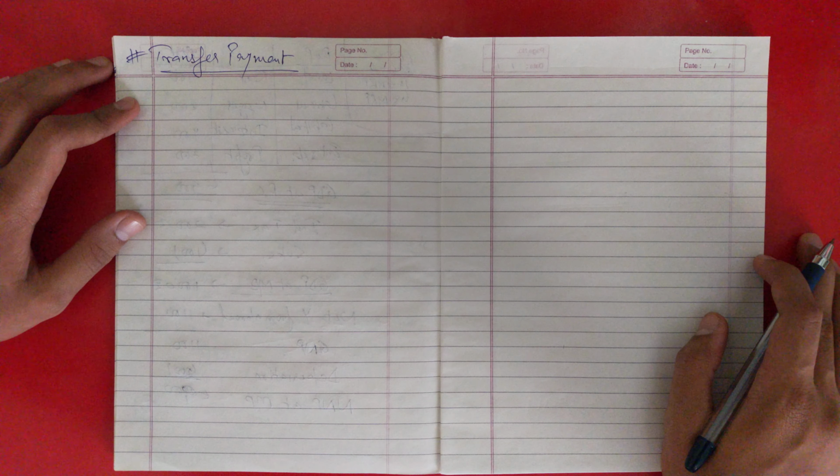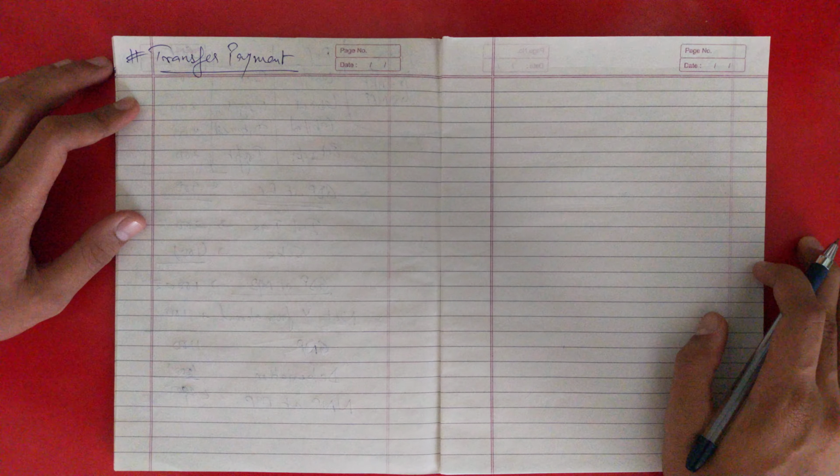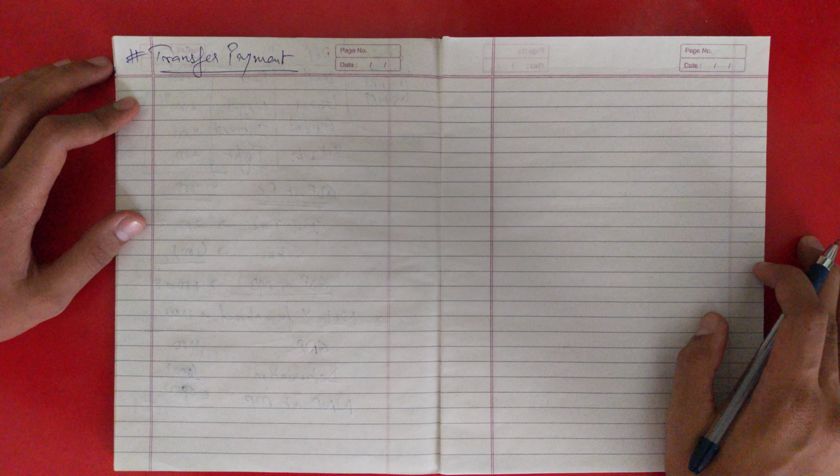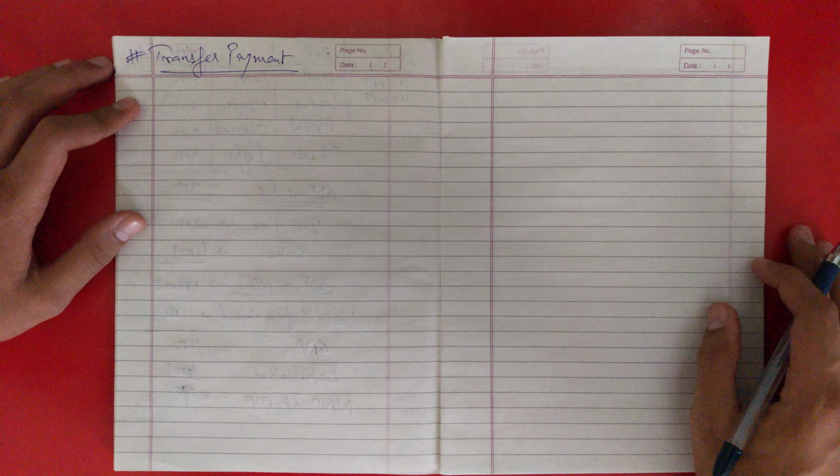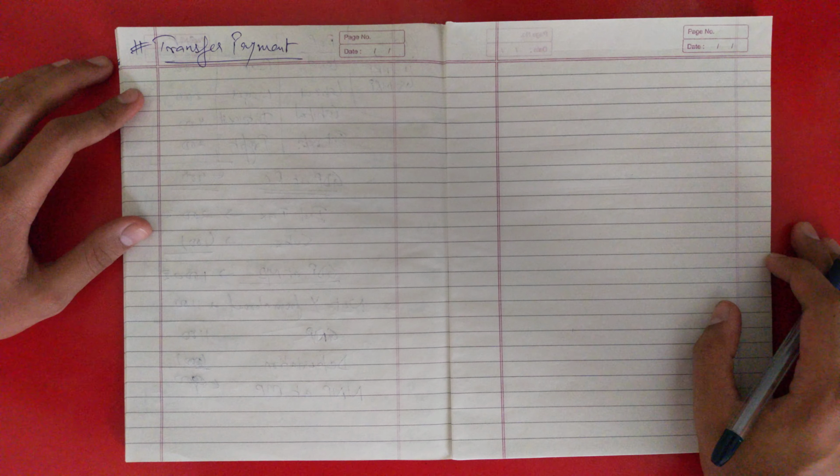If you get anything without working for it, that is basically a transfer receipt. Similarly, if you pay someone without taking services from him, that is called transfer payment.